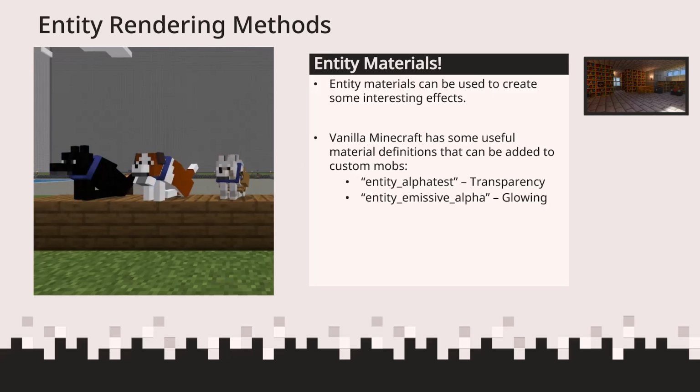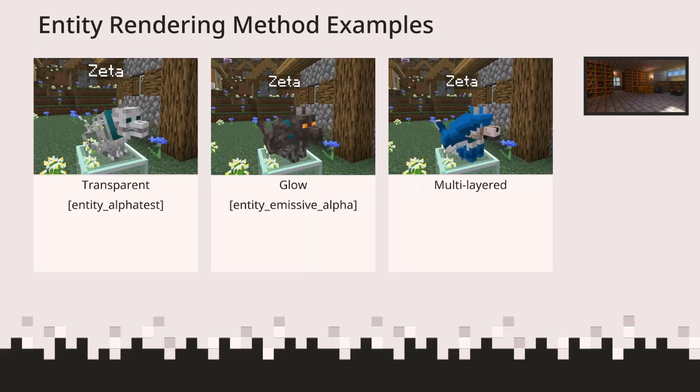To give an example here, we have Zeta. I had him pose for this one. Got Zeta in a skeleton wolf form here on the left. Because he's a skeleton wolf, you can see through the geometry because he's just made of bones, like you would expect in a normal vanilla skeleton.